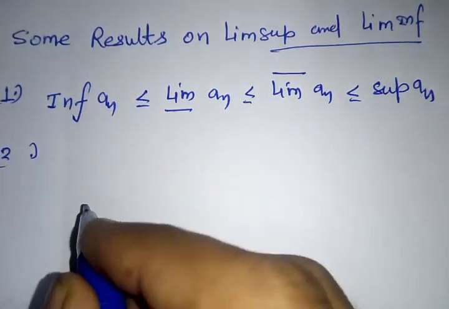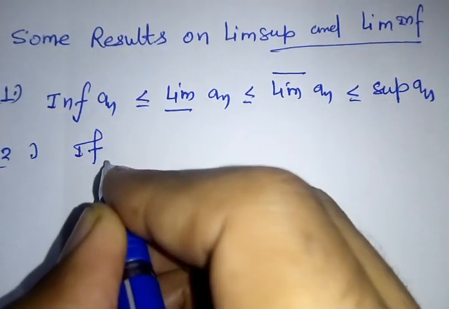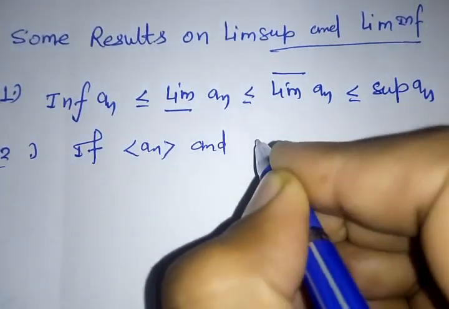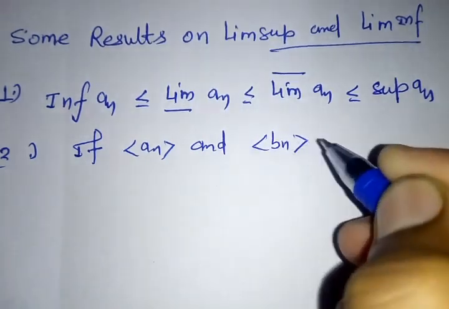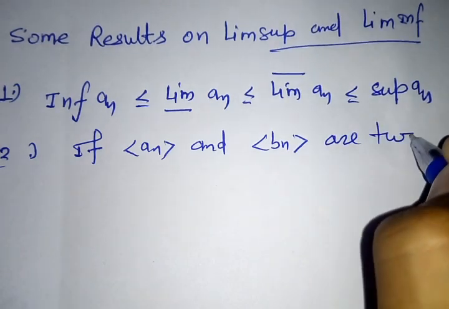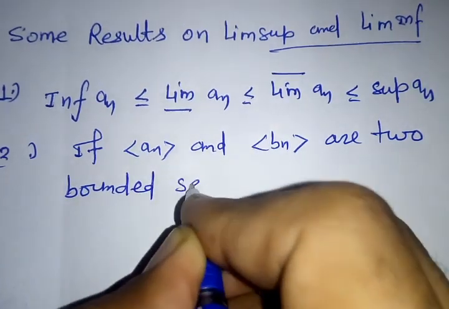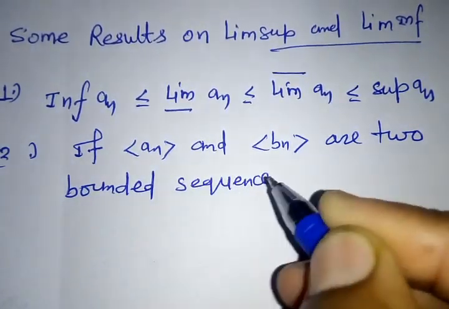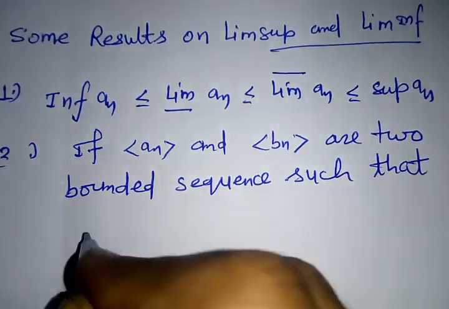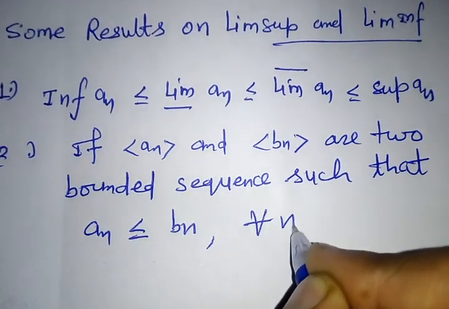Second, if an and bn are two bounded sequences such that an is less than or equal to bn for each n.